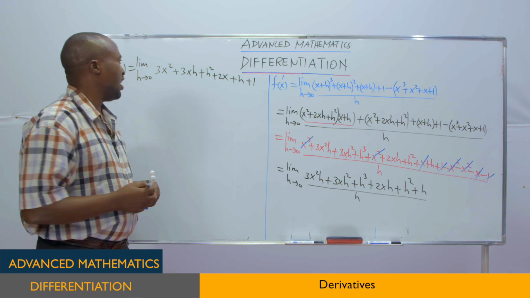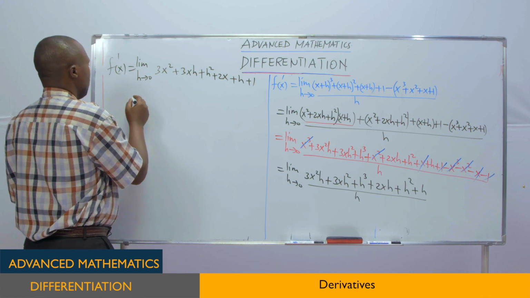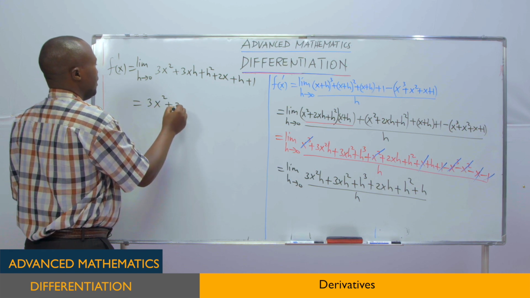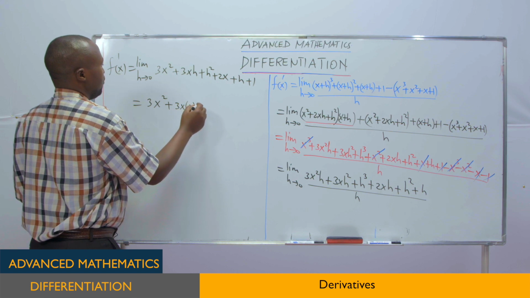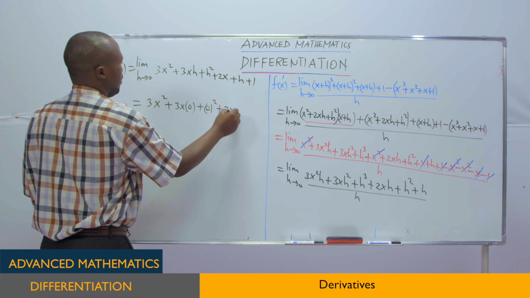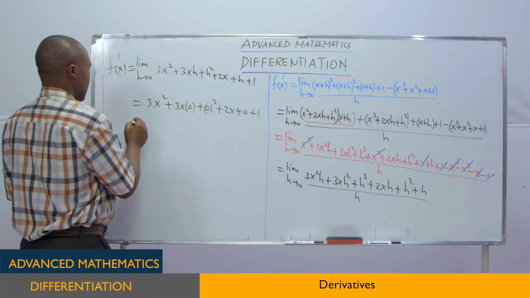But remember, as h approaches 0, here we are going to have 3x squared plus 3x times 0, then plus 0 squared plus 2x plus 0, then plus 1.